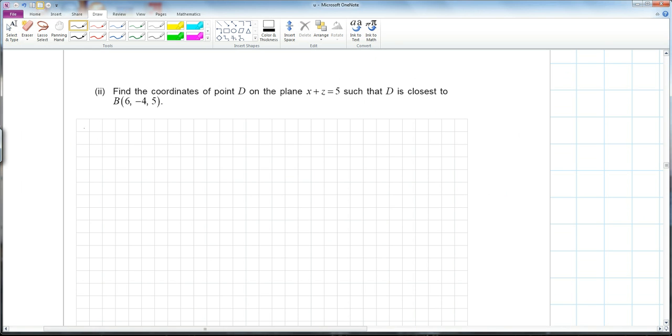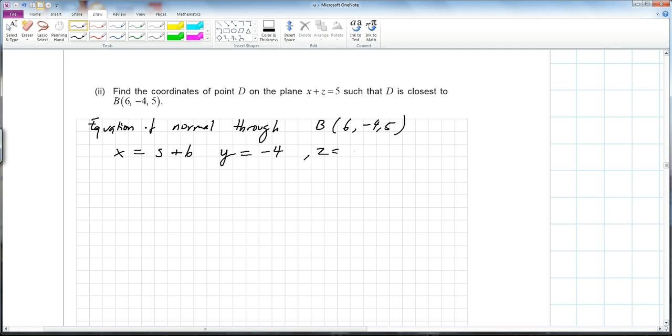So we've got x is equal to s plus 5, and substitute that into the equation of the plane.